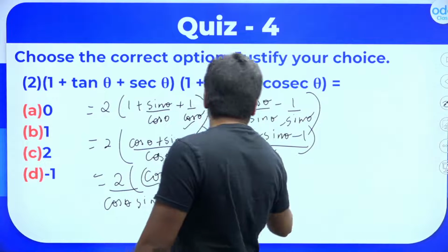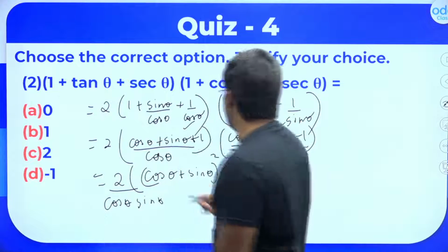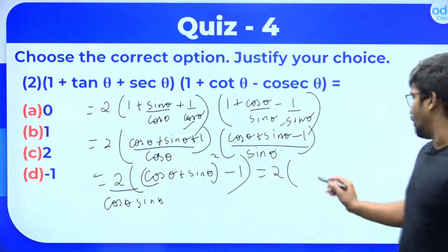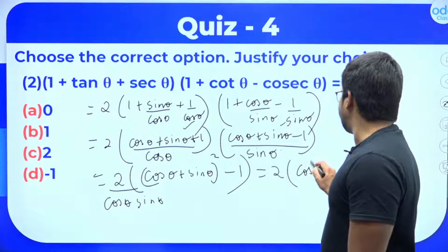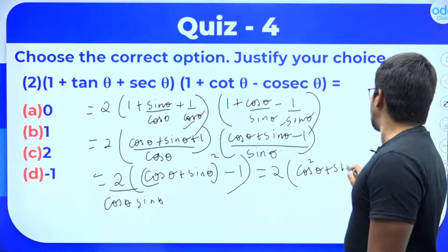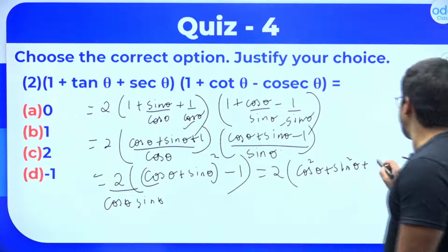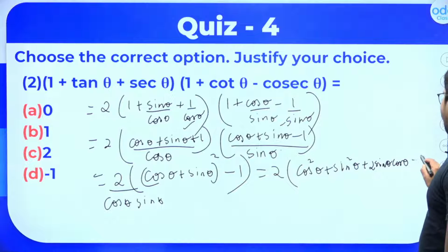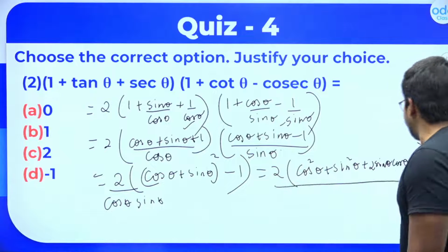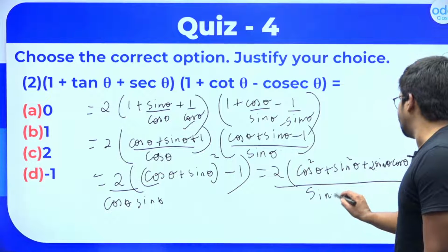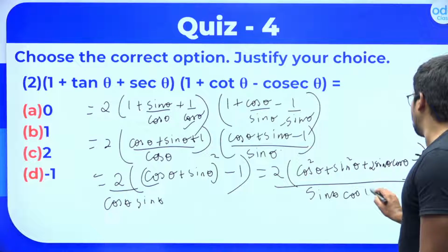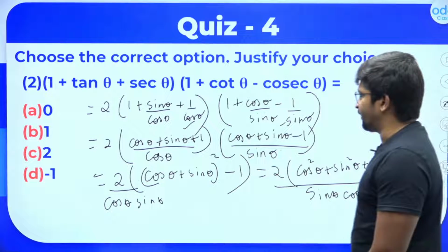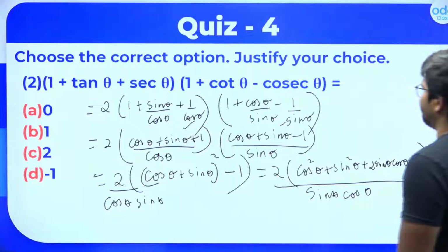So that should be equal to 2 times of cos theta plus sin theta whole square, which is cos square theta plus sin square theta plus 2 sin theta cos theta, minus 1, whole divided by sin theta cos theta. This is what you will be having.